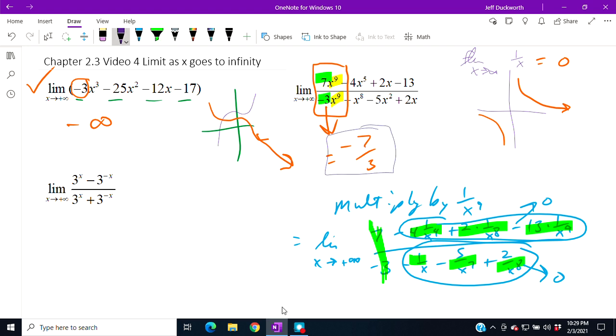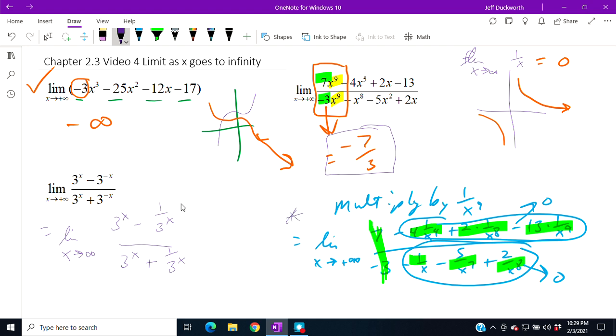This next one, it's not a polynomial, but it's something that we should be able to ascertain pretty easily. This is the same as writing a limit as x approaches infinity of 3 to the x minus 1 over 3 to the x, and then 3 to the x plus 1 over 3 to the x. So it's in a situation where it looks like what we did over here.